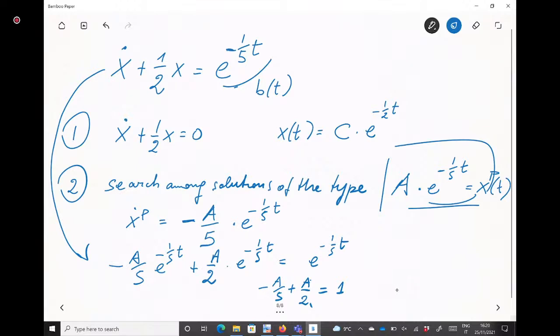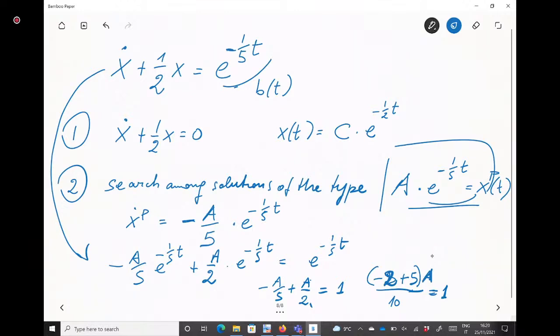So this means that, okay, the common denominator is 10: minus 2A plus 5A over 10 must be equal to 1. Okay?